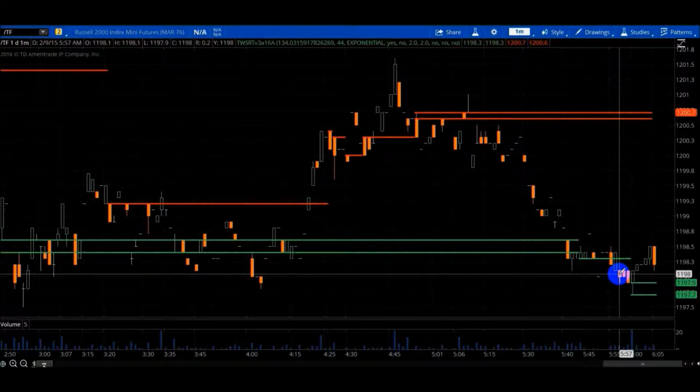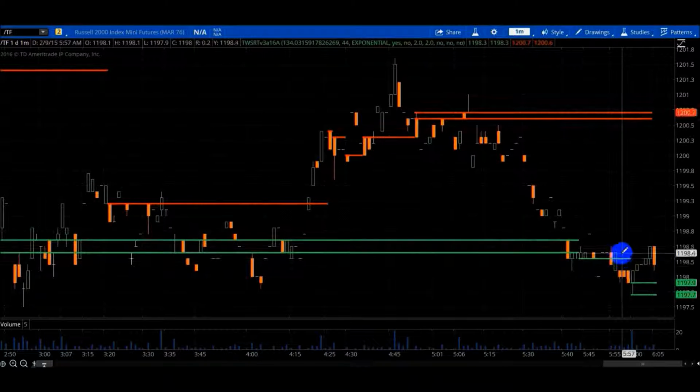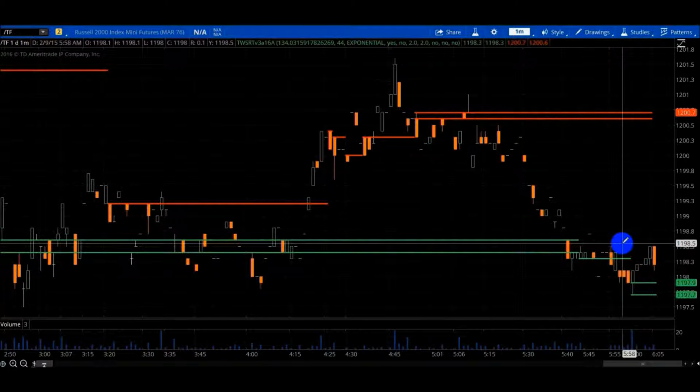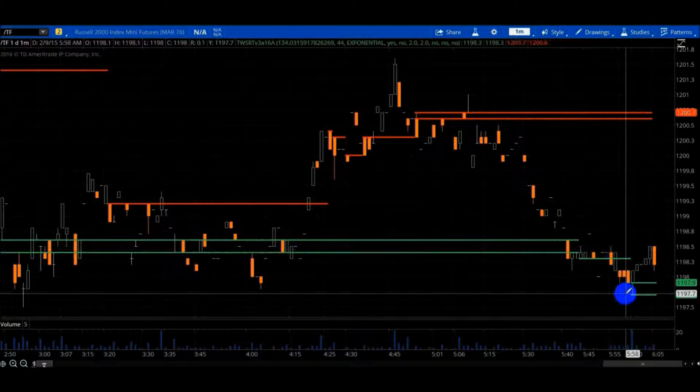It doesn't run in V's, straight down and straight up. It has its jaunting little journey that it does to get to where it wants to go, and it's all driven by the traders who are buying and selling this very same symbol that you're looking at, and it's also what creates these zones.